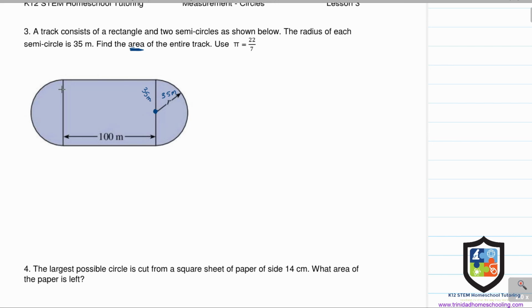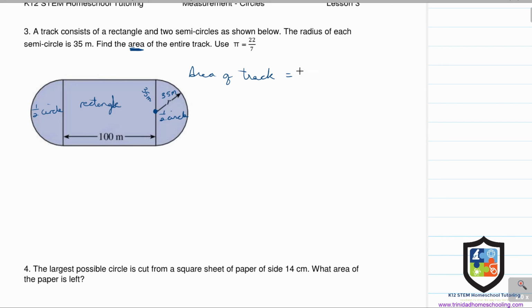And if R there is 35 meters, then this line here as well is also 35 meters. So we want to find the total area of the track. It is actually the area of this rectangle and this half a circle plus this half a circle, which is a whole circle.